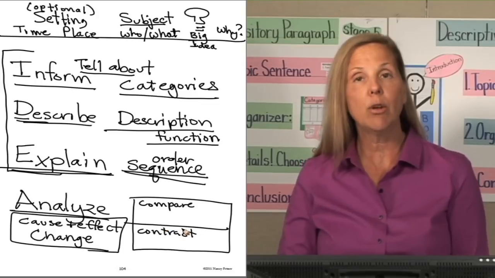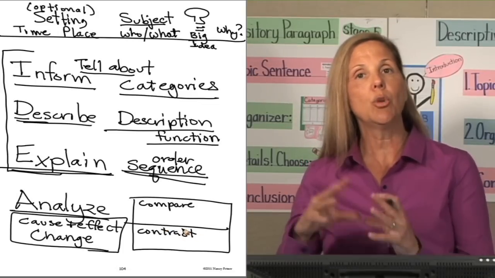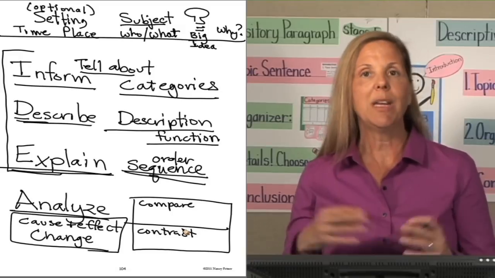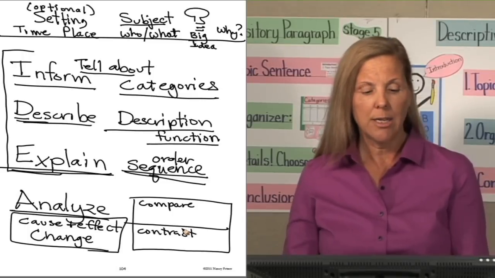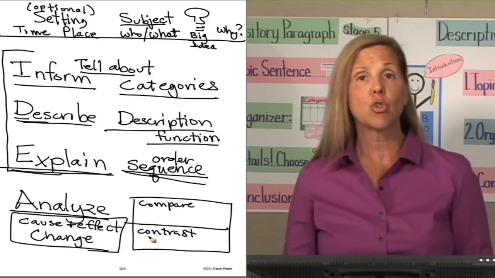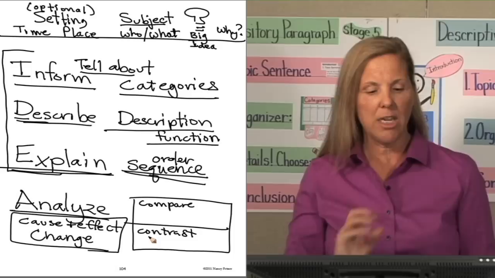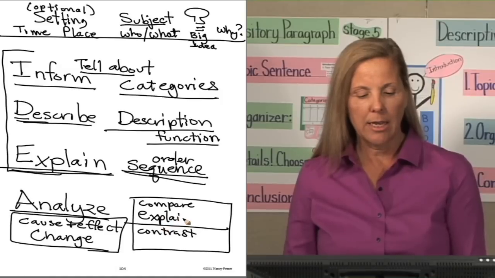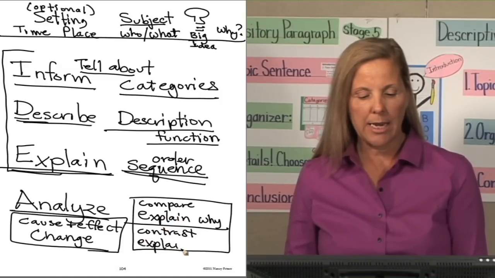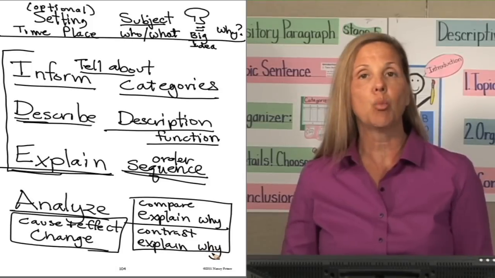I separate those out because you're either doing one or the other. I'm either comparing two or more things or I'm contrasting two or more things. And when I compare or contrast, the purpose for either one is to explain why. Explain why. That is the purpose for either one.